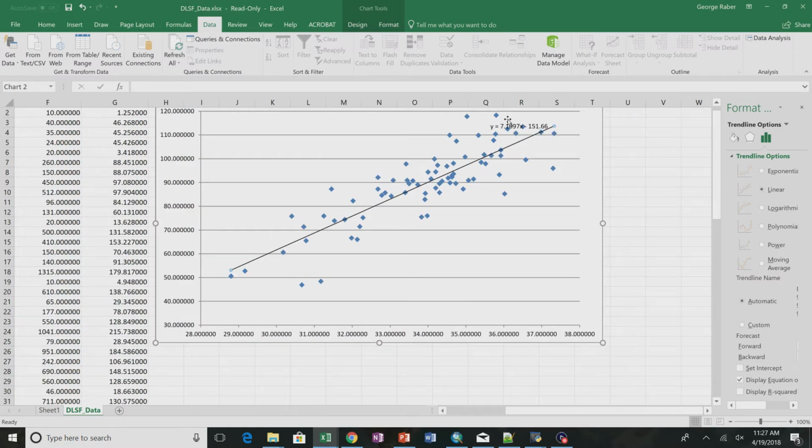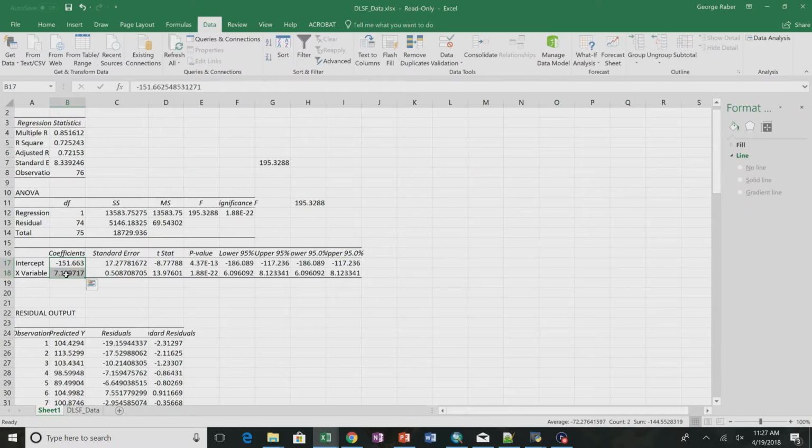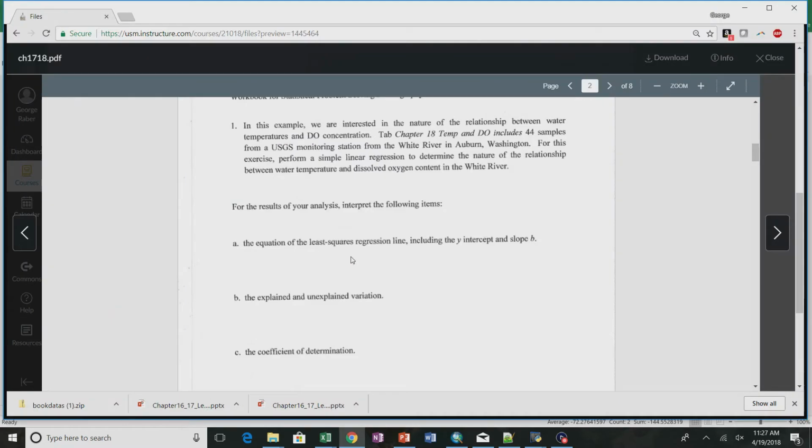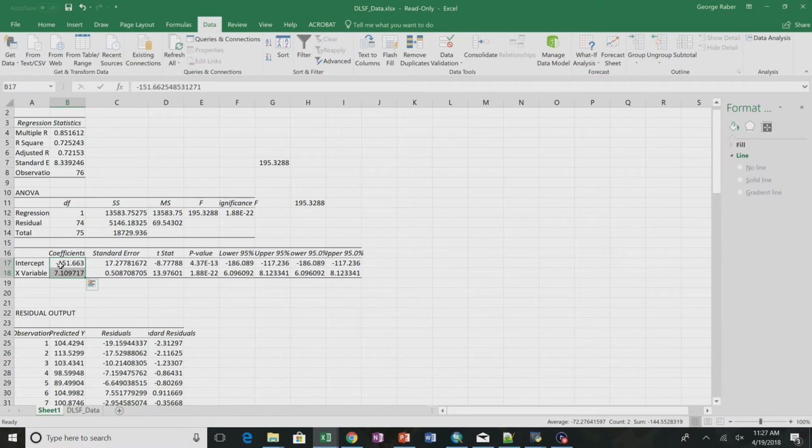See these numbers right there? They're also the same as these numbers right here. So when it says the equation of a least squares regression line, look for the y-intercept and the slope. They're labeled coefficients in most tables.